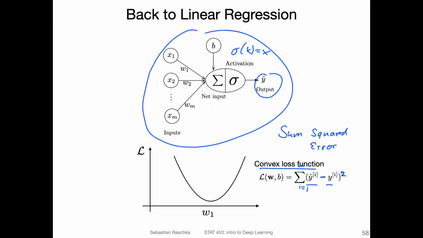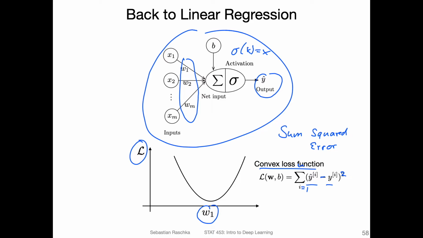So now, I plotted the loss here at the bottom as a function of one of the weights. You notice there are usually multiple weights. Here we are looking only at one of the weights because it's simpler to look at, but you can also generalize this concept to multiple dimensions.